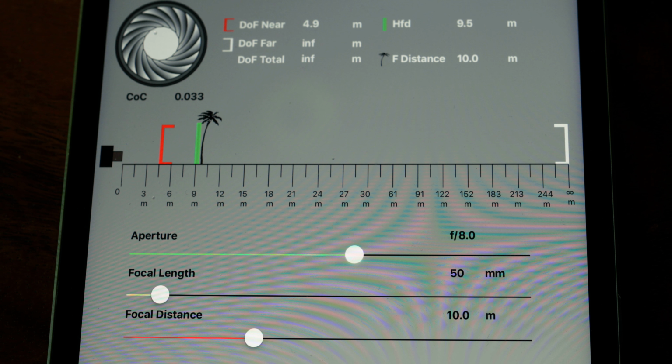It just indicates it with a bar, and you are supposed to know that within those two bars is what is going to be in focus. Outside those numbers, those are not in focus areas. So that is something that we apply time and time again in our photography techniques.